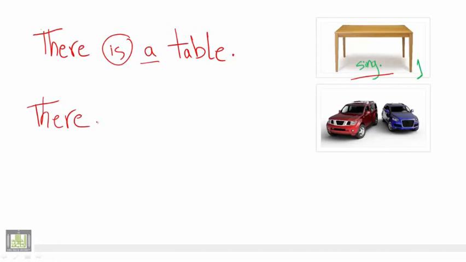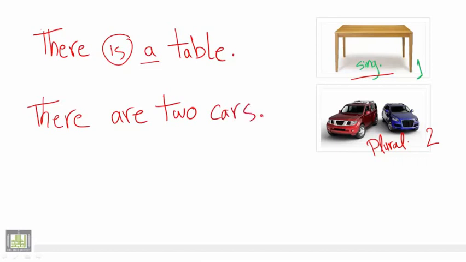But because we have two cars, we do not have one, so we have a plural noun. إذا عندنا اسم جمع, so we say there are 2 cars. Okay, so when we have a plural noun we use are and then we mention what these things are.